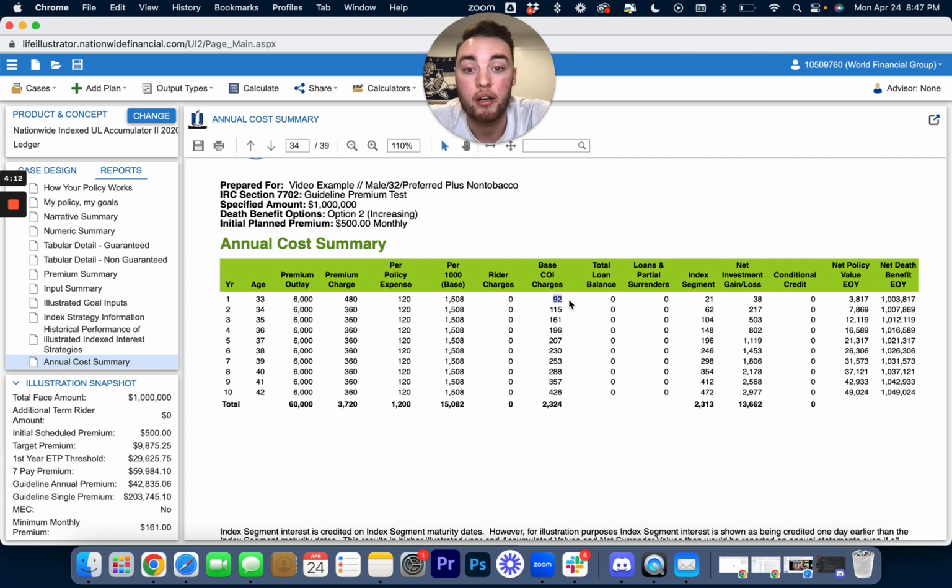I feel confident saying 100%. And you can also see here that per 1,000 base fees are pretty high. These two fees are higher just because the death benefit is much higher.